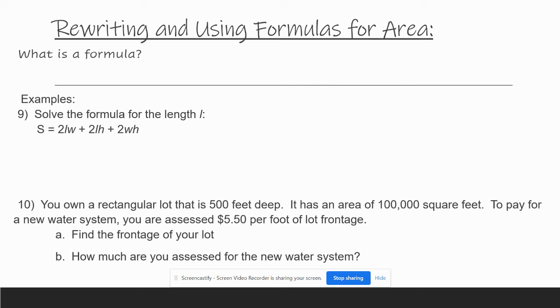Rewriting and using formulas for area. So what is a formula? Another vocabulary term for us.